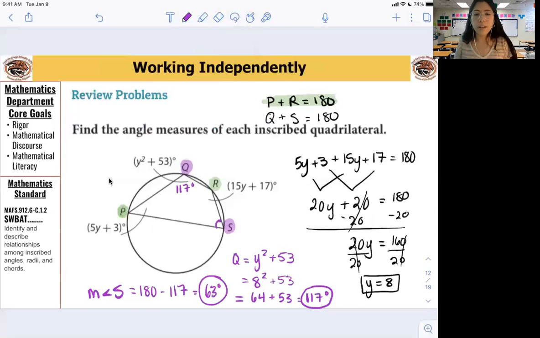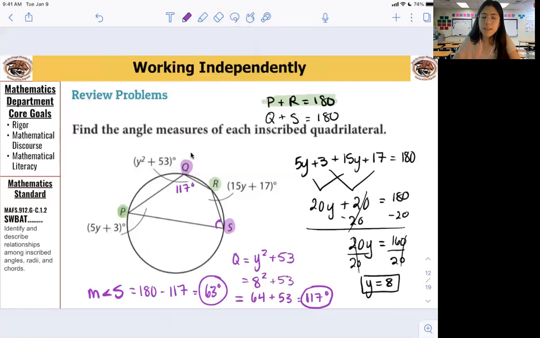There were a lot of different steps, but we always start off with what we know, and we know that the opposite angles are supplementary. So if you looked at this problem and you didn't know where to begin, that's always the starting point. Set up what you know about those angles, what relationships you know, and then go algebraically from there.